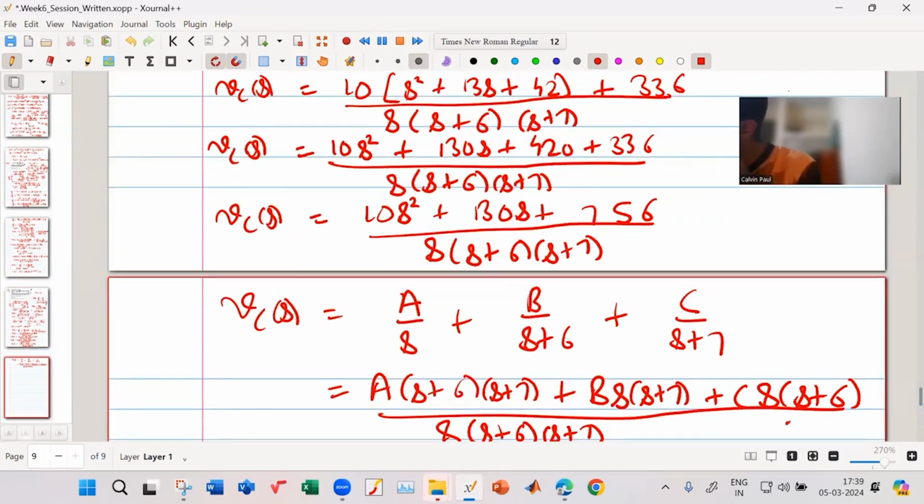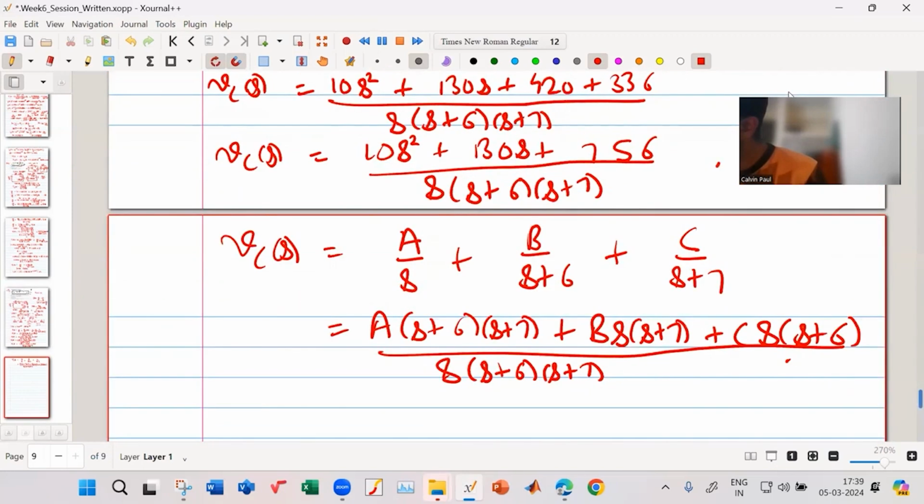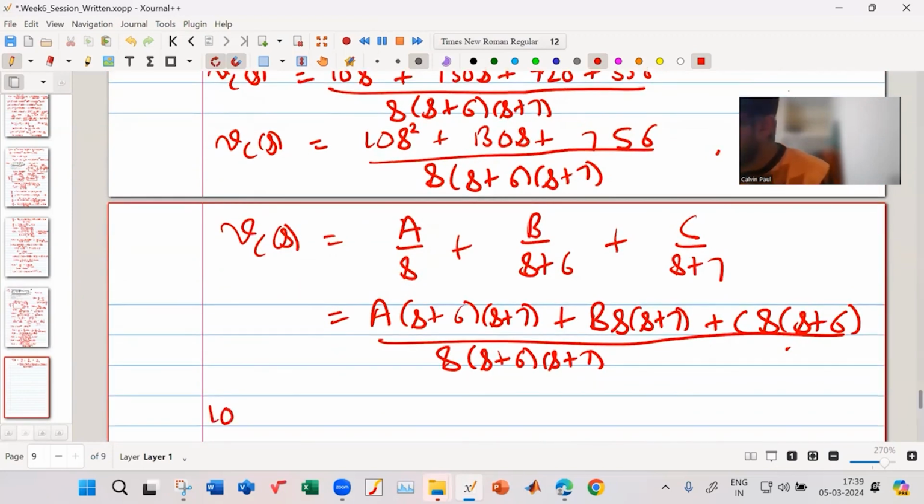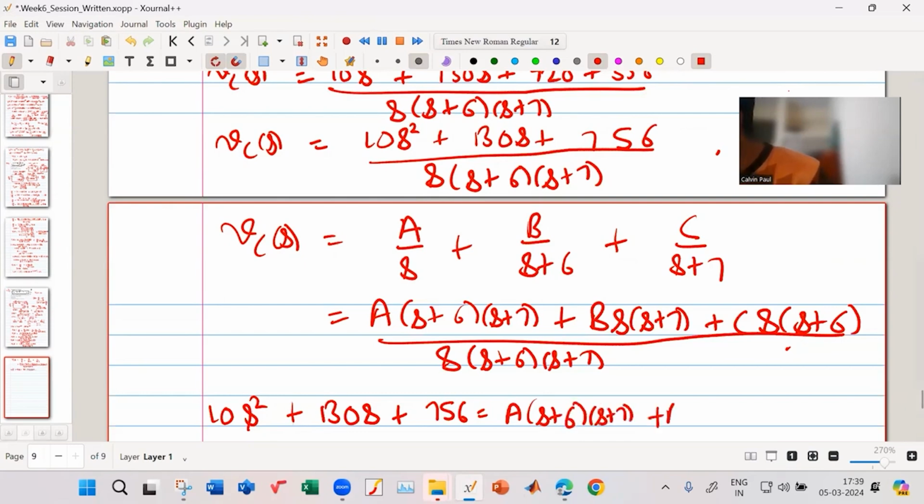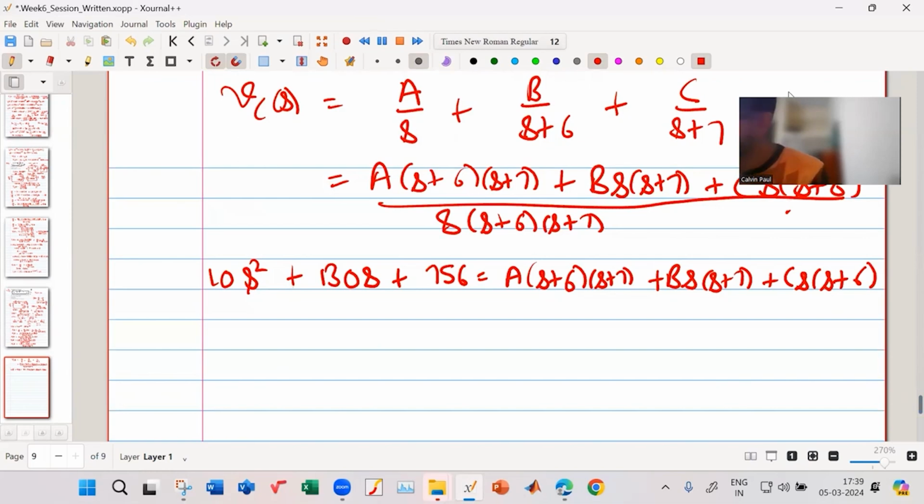I compare this and this, and I will get 10S square plus 130S plus 756 is equal to A into S plus 6 into S plus 7 plus B into S plus 7 plus C into S plus 6. Is this part clear? Yes, sir.